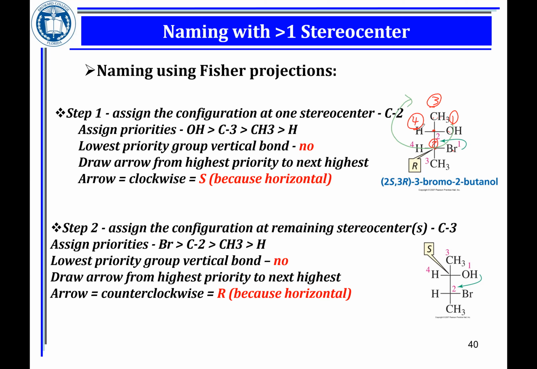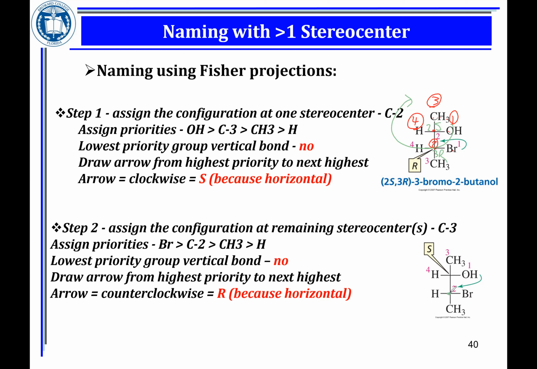If we are going from 1 to 2 to 3 and it is clockwise, with hydrogen on the horizontal line, that's S configuration. So we have S configuration here, and this one already says R. So we have 2S and 3R. We're just going to take and believe it. And this one is 1, 2, the same thing.